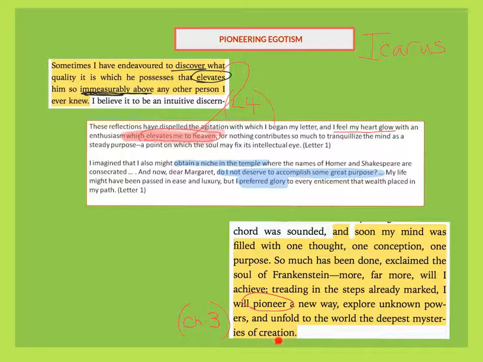Now, there's lots to pick apart here. Let's go with the reference to one, first of all. The repetition of one thought, one conception, one purpose. I think Shelley is depicting, particularly in the mindset of Victor, an idea called monomania, or one word, okay?